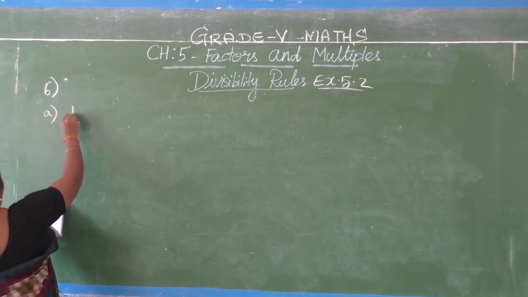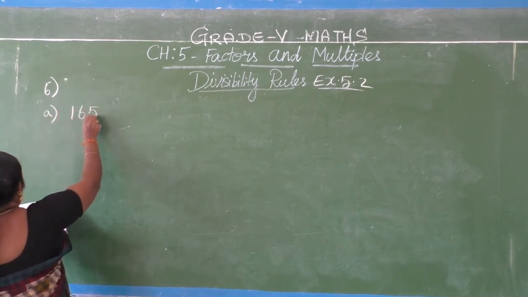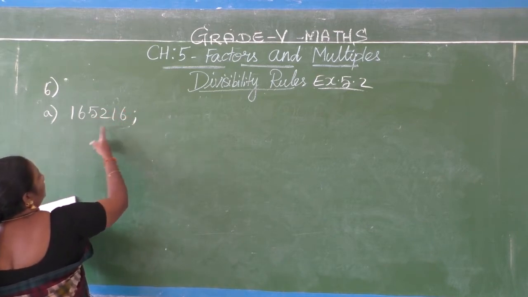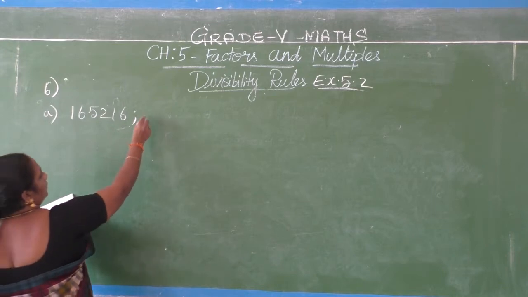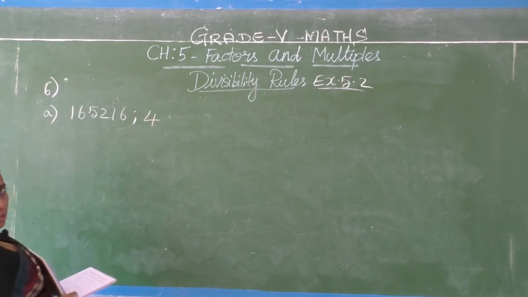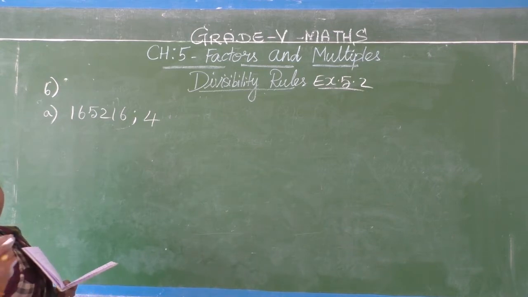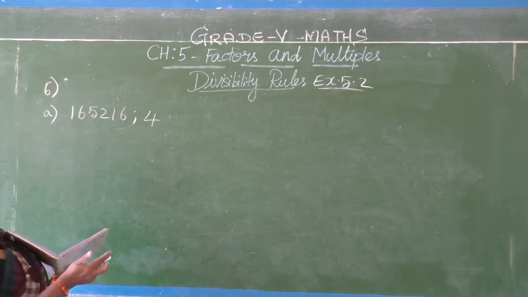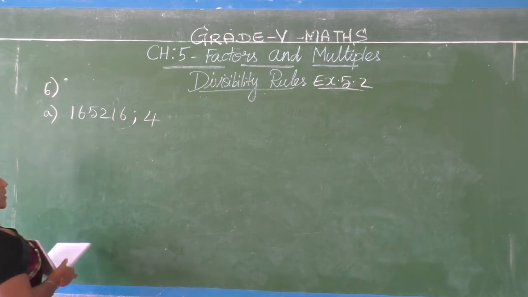Okay, see. Is this number divisible by 4 or not? Without actual division, using the divisibility rule, we are going to find out whether this number will be divided by 4 or not. Okay, so what is the rule for 4?